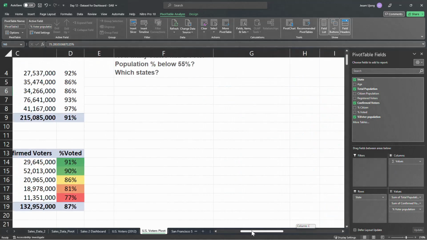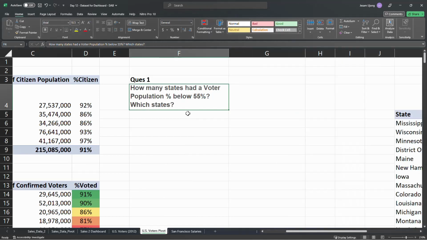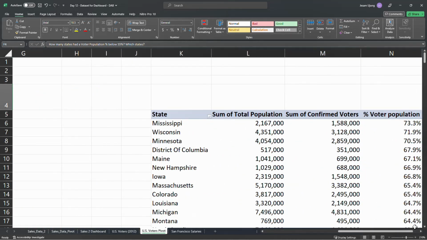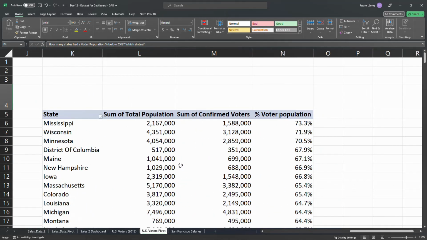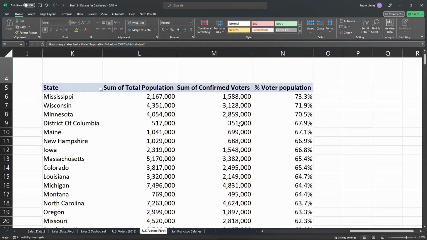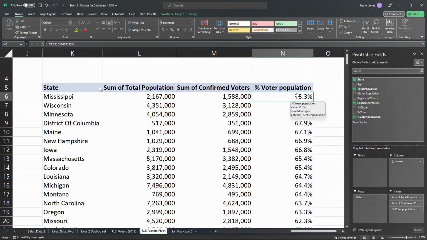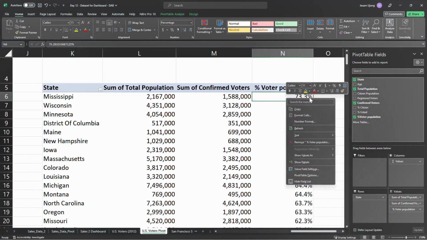Okay. So the question again: how many states had a voter population percentage below 55%, and which states were they? So also for those that would have said they didn't know about the filter options, one other way, if you had got to this point, was to sort from either largest to smallest or smallest to largest.